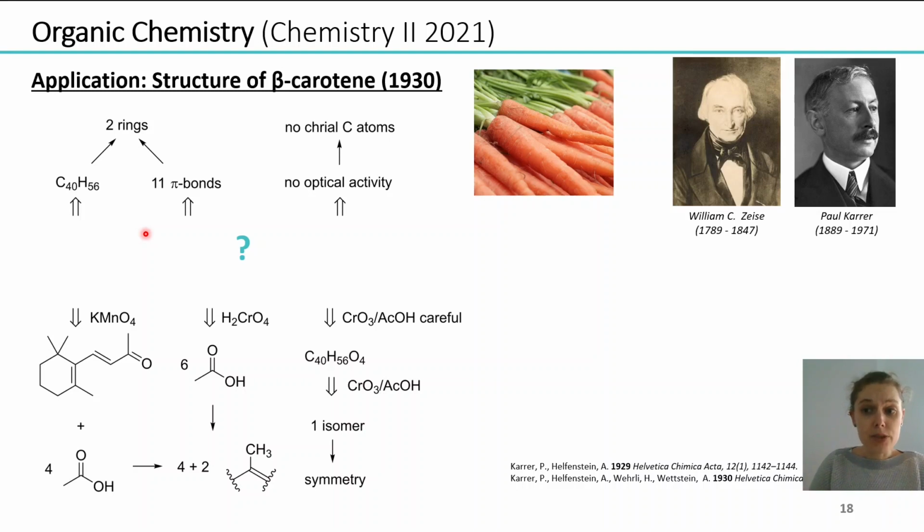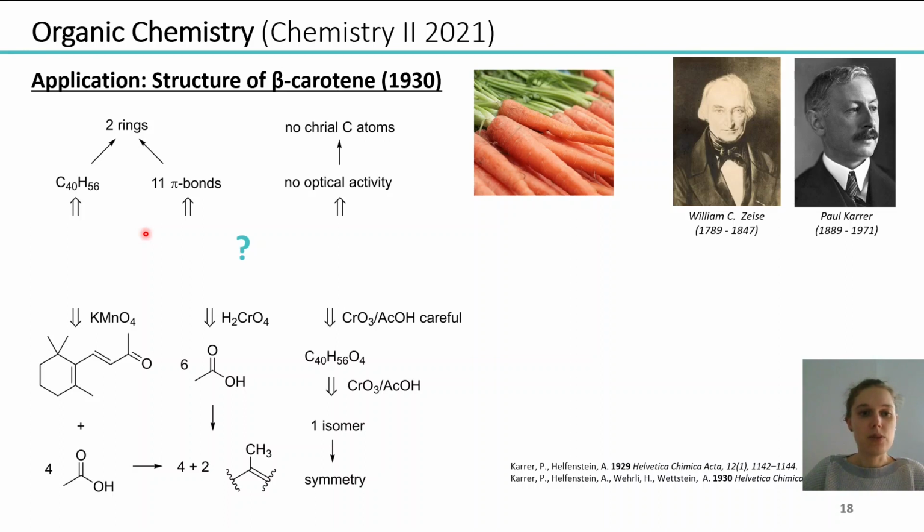So if we had a fully saturated alkane, we would expect a molecular formula of C40H82. However, there were only 56 hydrogen atoms and not 82. Hence, there was a difference of 26 hydrogen atoms, which could be explained with the presence of 13 carbon-carbon double bonds. However, the chemists also knew that there are only 11 pi bonds.